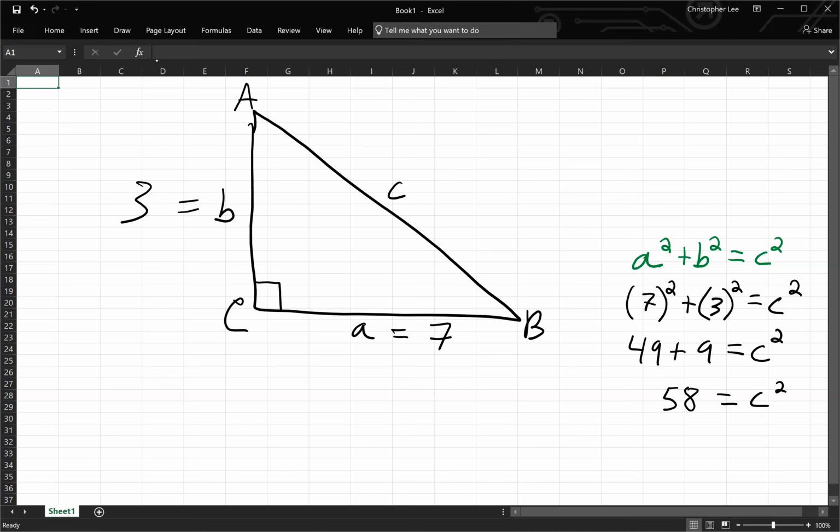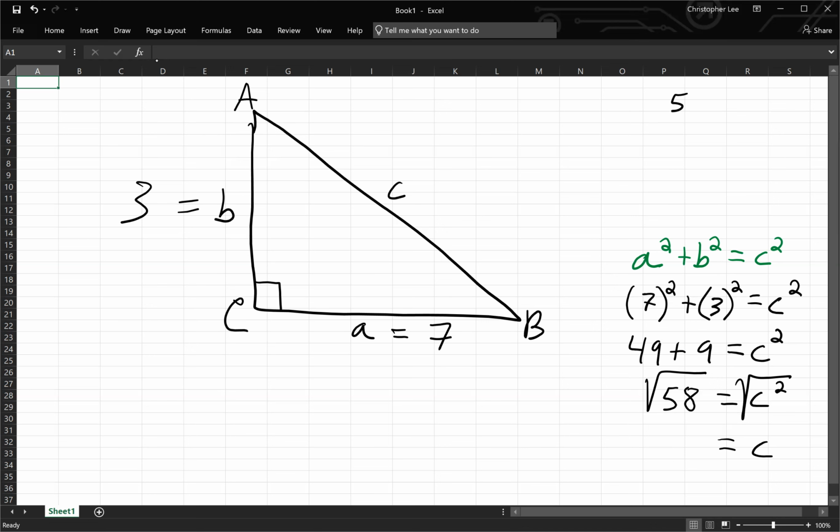What do I do after that? Square root both sides, get C by itself, right? So now I have C is equal to the square root of 58. Can that get broken down? Think so? Into what and what?